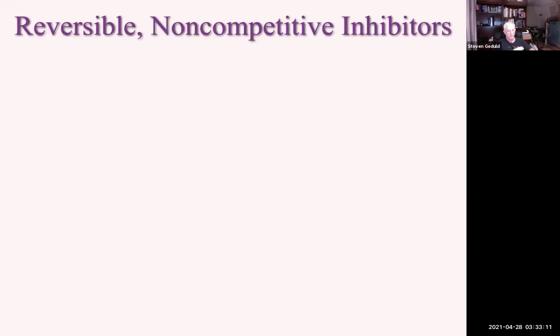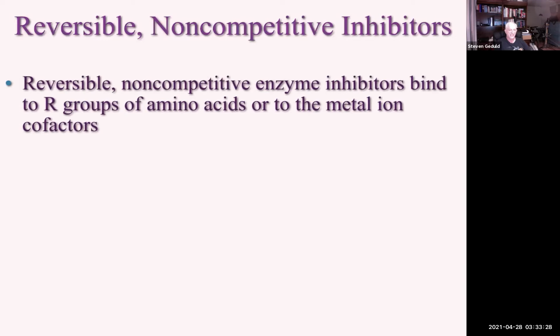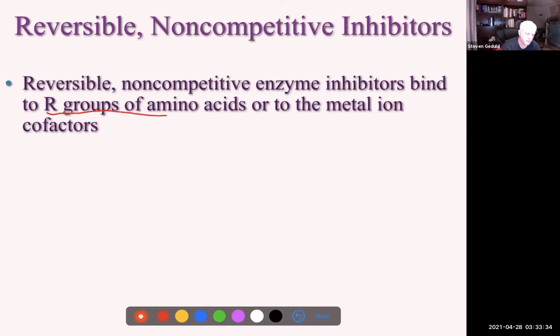And now we've got reversible non-competitive inhibitors. Reversible means we're not forming covalent bonds. We're using our weaker bonds. And we're not binding to the active site, where it's causing the effect, like an allosteric enzyme. Reversible non-competitive enzyme inhibitors bind to R groups of amino acids or to the metal ion cofactor.